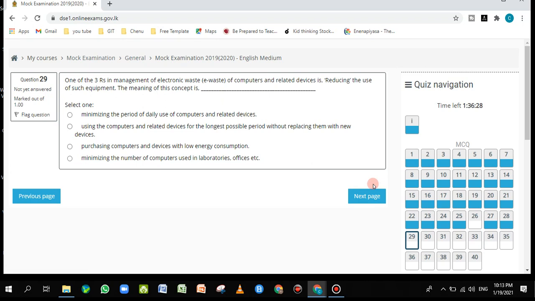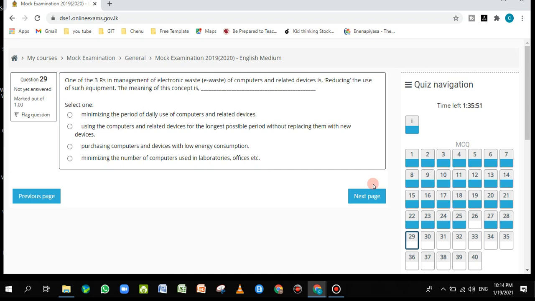One of the theories in management of electronic waste of computers and related devices is reducing the use of such equipment. The meaning of this concept is, reducing here does not mean reducing the number of computers that you use, but reducing the renewing and so on. Minimizing the period of daily use of computers and related services, that can't be done actually.